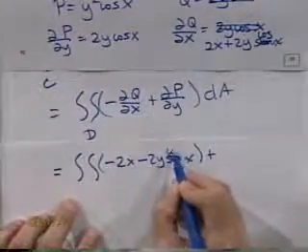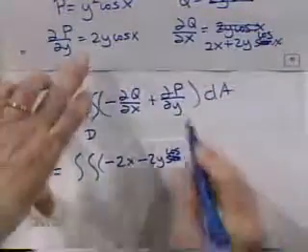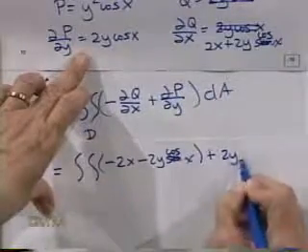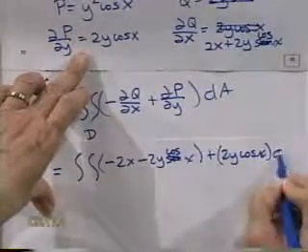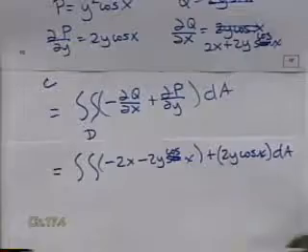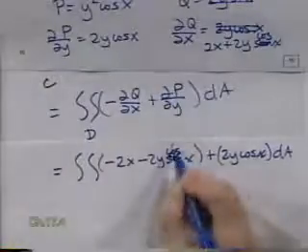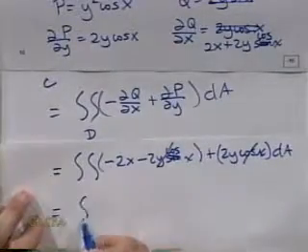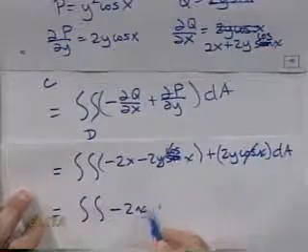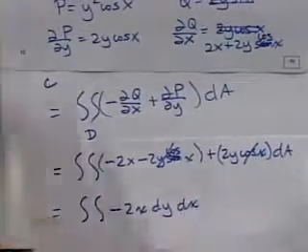This is a cosine. And then we go plus partial of p with respect to y is 2y cosine x dA. So for that particular one, we're quite lucky that these guys cancel. So we're just integrating over minus 2x dy dx.